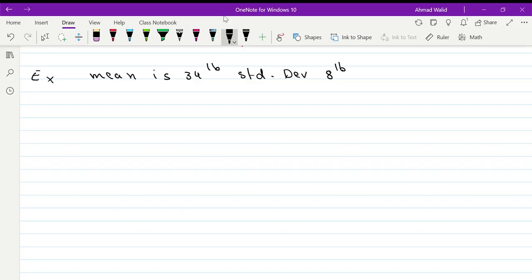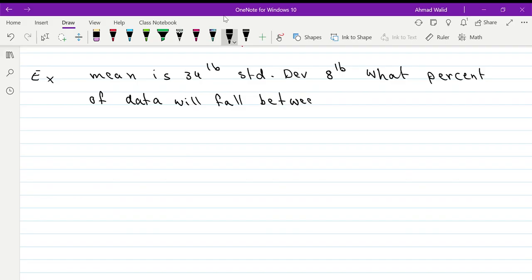What percent of data will fall between 10 pound and 58 pound?